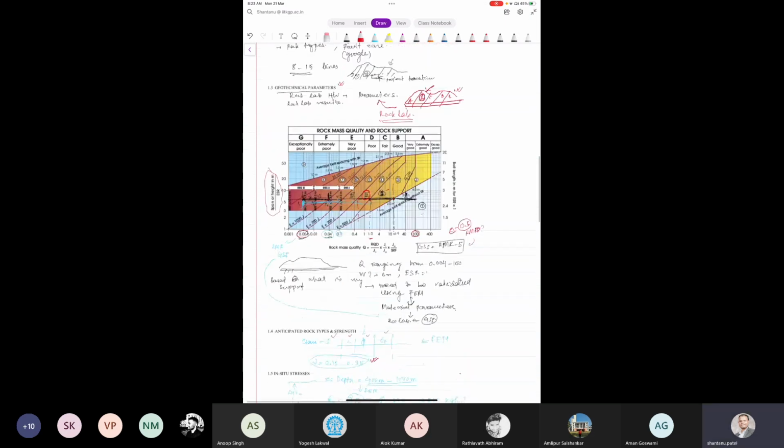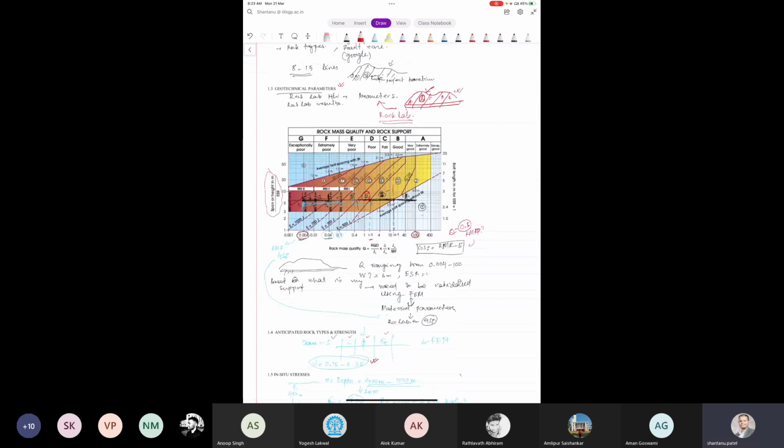Is this clear, like this geotechnical parameter part, Aman? No, sir. I have some questions. Where are we supposed to get these parameters for the RocLab part? Because these are not available on the internet. You have already submitted your assignment for that particular rock, right?